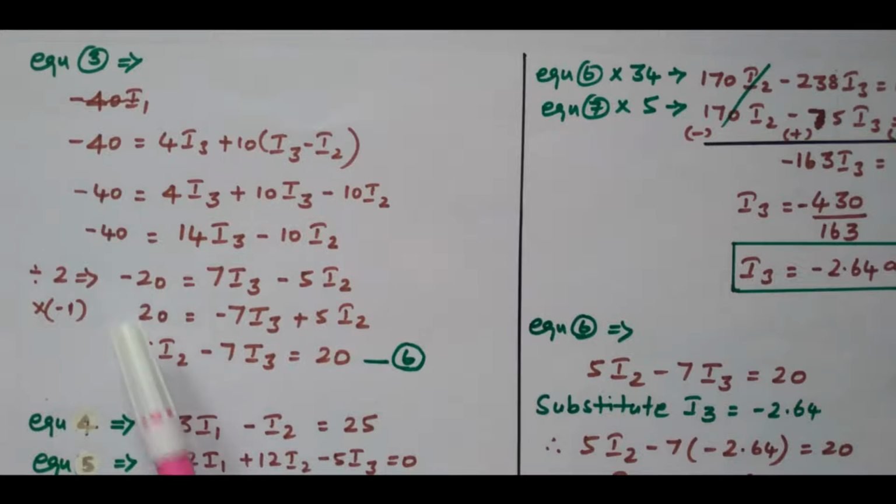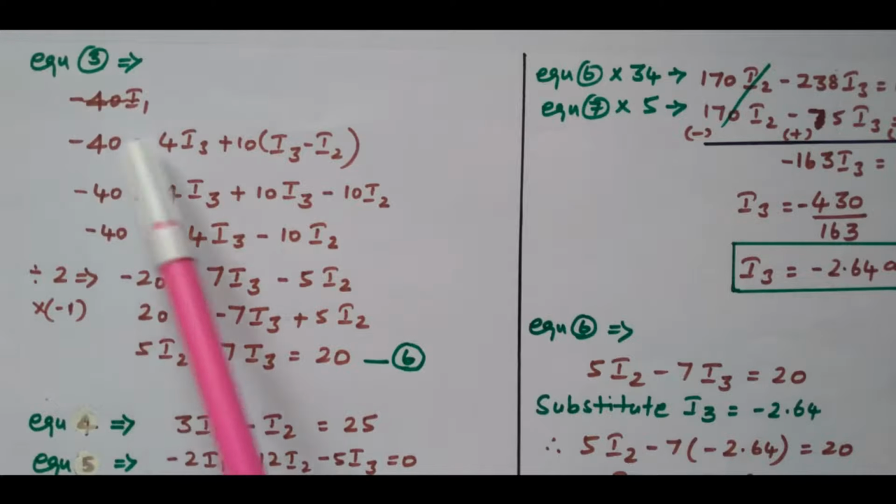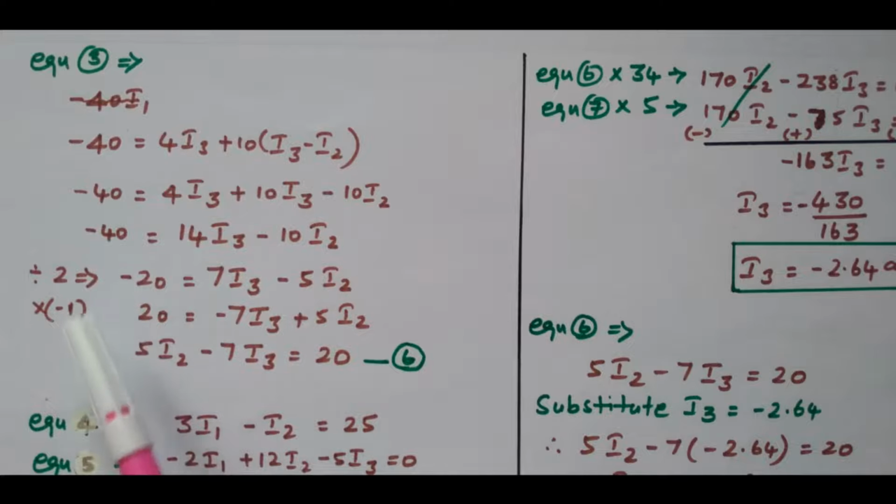Now rewrite this, multiplying with the negative. So minus 20 becomes plus 20, 7i3 becomes minus 7i3, and minus 5i2 becomes plus 5i2. Now rewrite this: 5i2 minus 7i3 equal to 20. So equation 3 is simplified, divided by 2, multiplied by minus 1 and framed as the simplified equation.